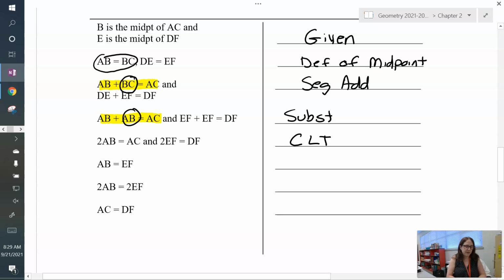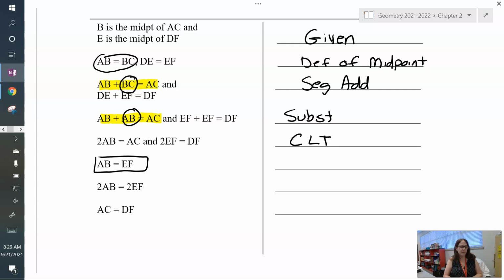And then, check it out. We have 2AB equals AC and 2EF equals DF. And then from there, AB suddenly turned into EF. What happened there? How did AB become EF?